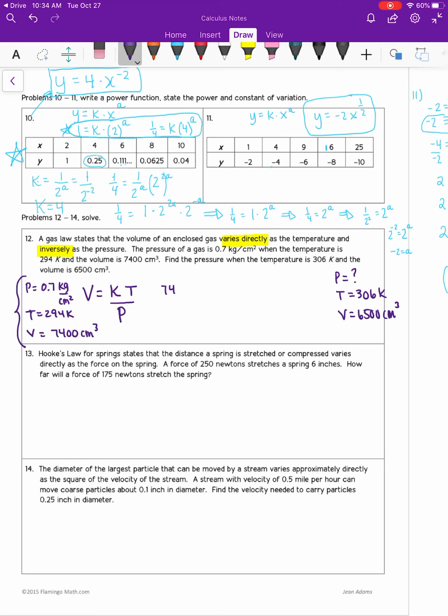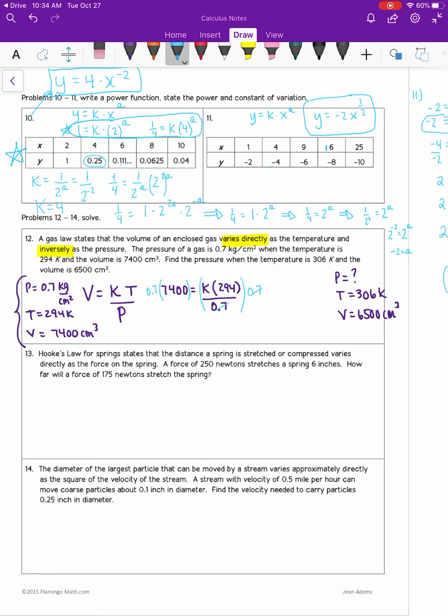Okay, so let's go ahead and put our values in. 7,400 equals K times 294 over 0.7. And so if I was going to start solving for this, I would multiply both sides by 0.7 because I would want to get rid of my denominator.